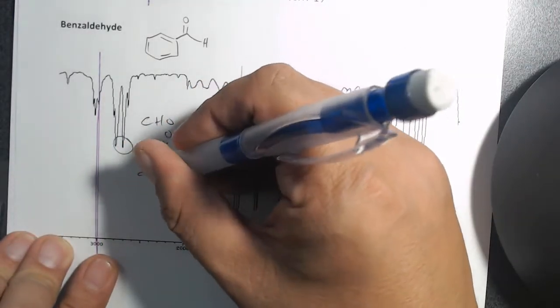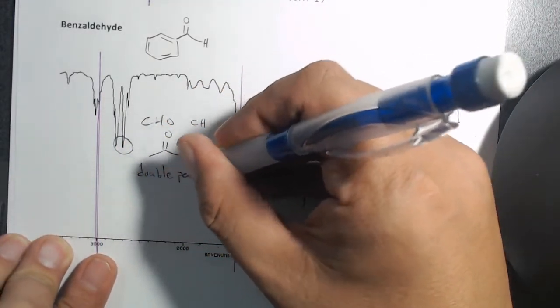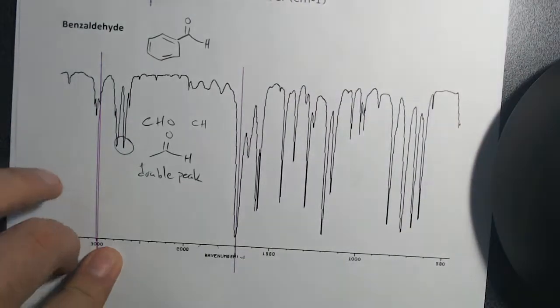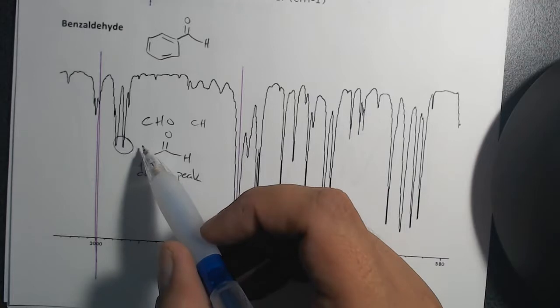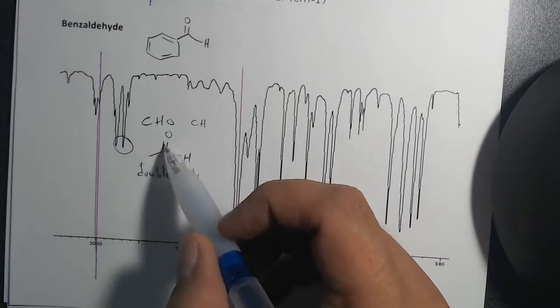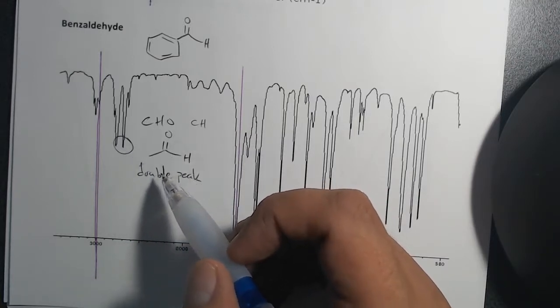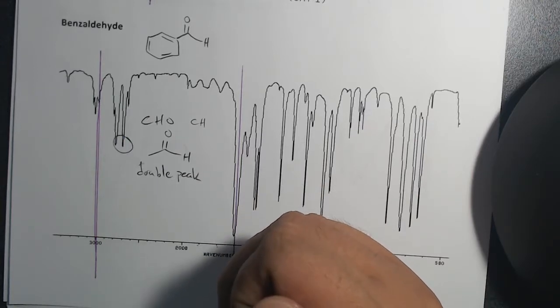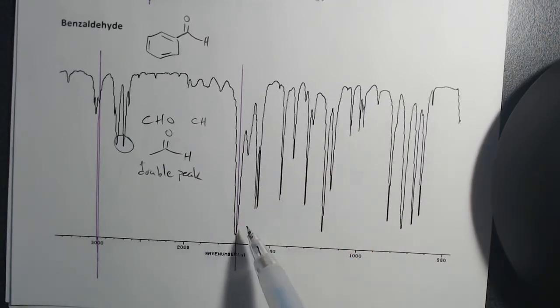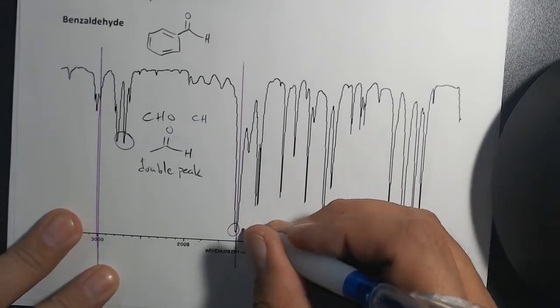This is the double peak. What else must you have if that is actually an aldehyde? What other kind of stretch must the compound have? CH stretch or something like that? Well, this is a CH stretch here. But if we actually have this functional group, what other stretch does it have to have? Yeah, the double bond. The double bond O has to be in there. And that's what this is right here. This is our C double bond O right here.